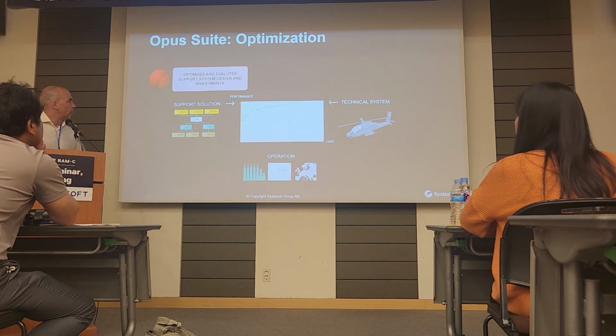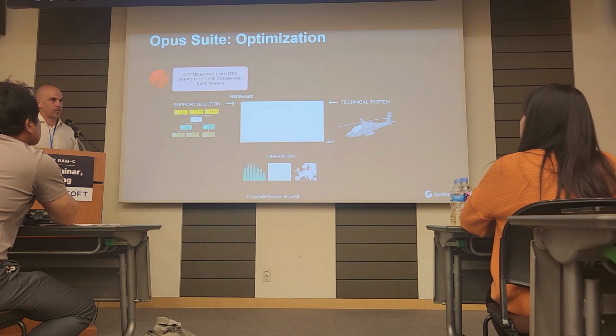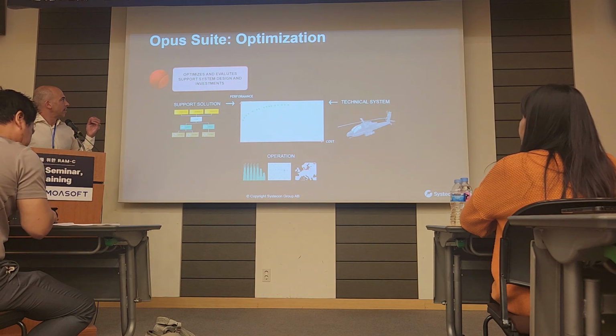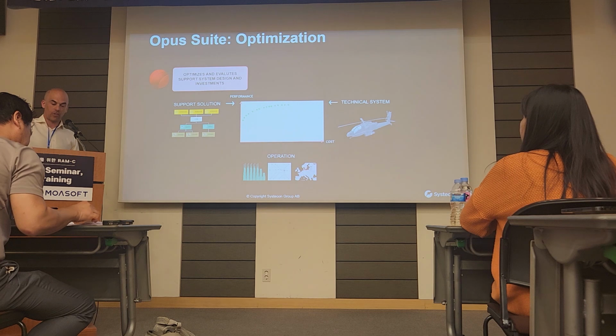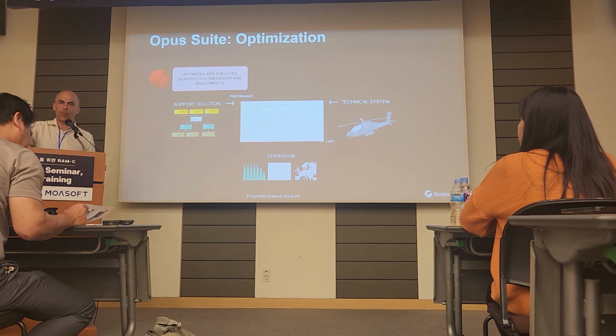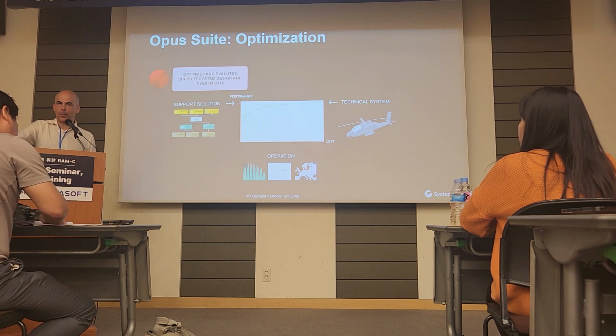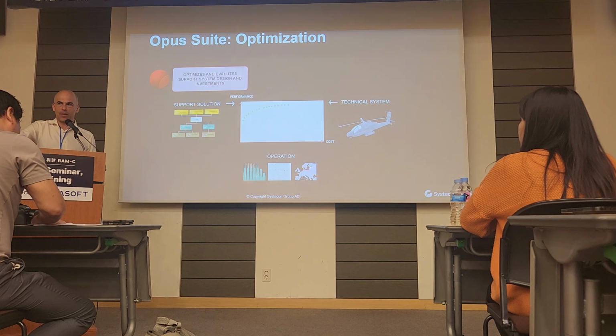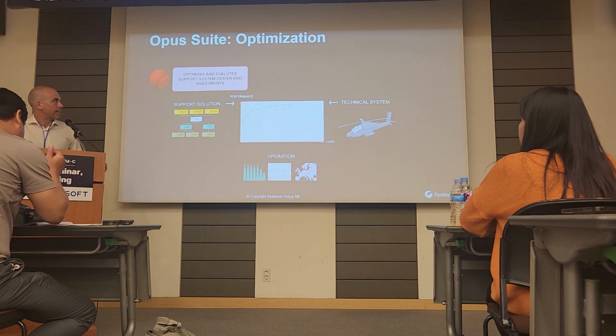Now it's time to introduce the tools. We have OPUS 10 optimization software, which is used for evaluating support systems design and investments, also evaluating different system designs, technical system designs, in terms of RAM properties and supportability. It is an optimization software. That means that it's built on mathematical algorithms that are calculating optimal spare parts results given the support strategy outlined in the model.